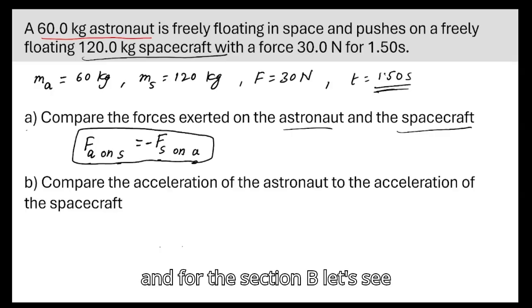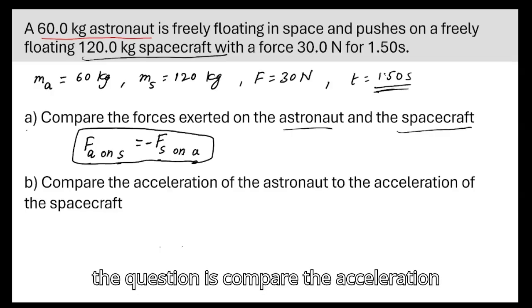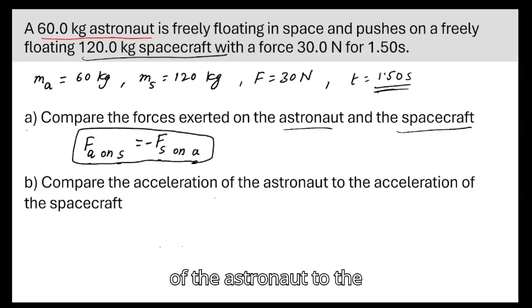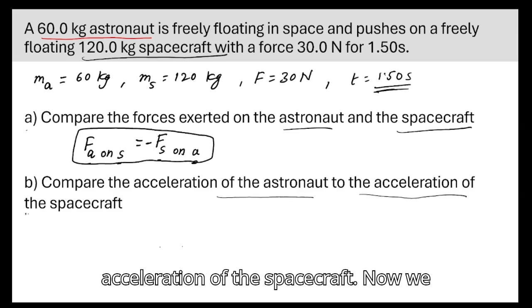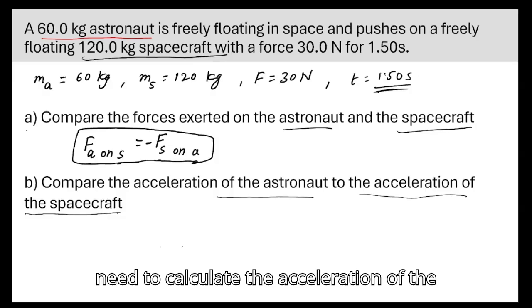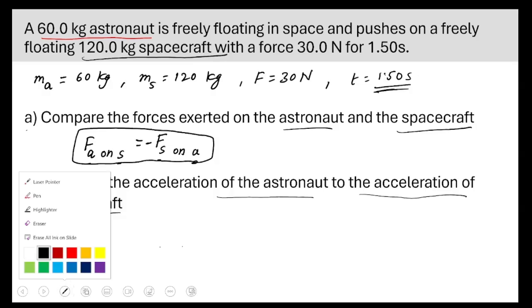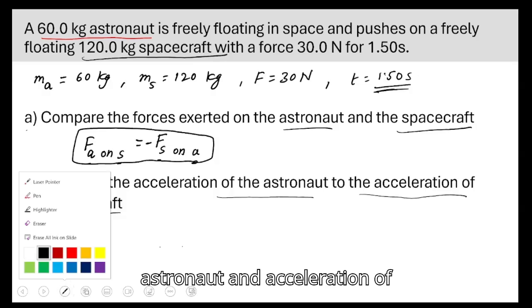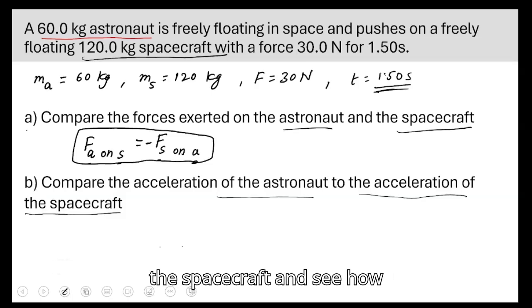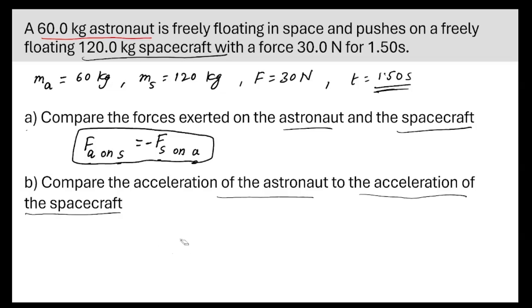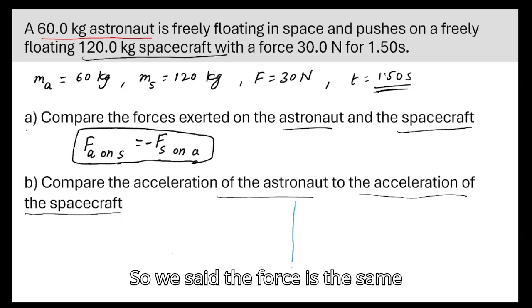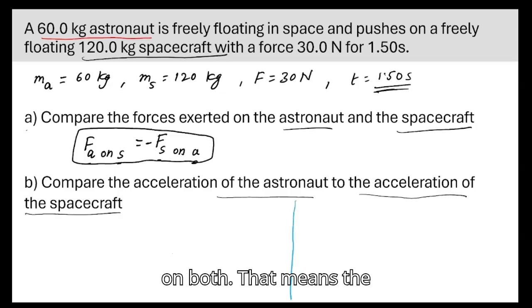And for section B, the question is compare the acceleration of the astronaut to the acceleration of the spacecraft. Now we need to calculate the acceleration of the astronaut and acceleration of the spacecraft and see how different they are. So we said the force is the same on both.